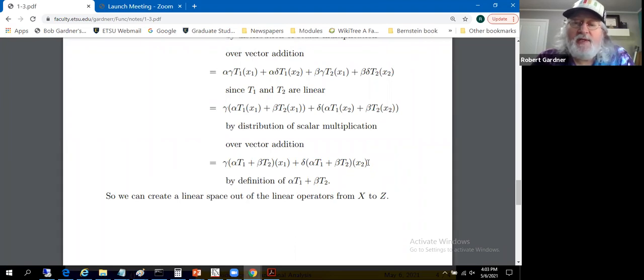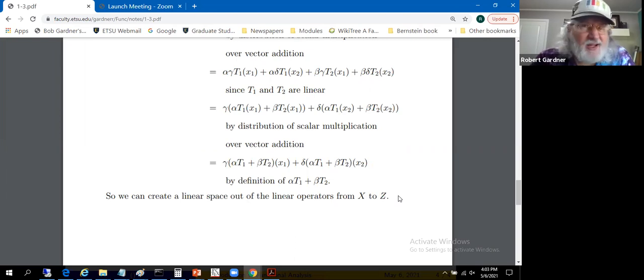So what we've shown is take this transformation, apply it to the linear combination, gamma x1 plus delta x2, and get out a linear combination of this as applied to x1 and x2 as given. That's the very definition of linear. So a linear combination of linear operators is itself linear.